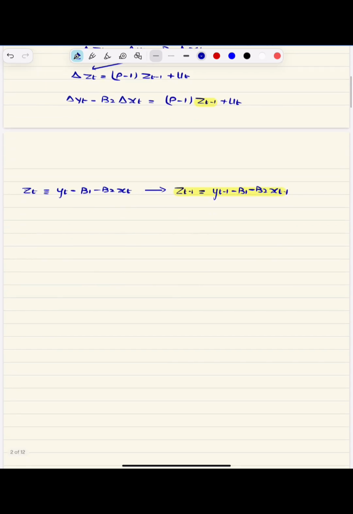So I'll have then change in yt equals beta 2 change in xt plus rho minus 1 into yt minus 1 minus beta 1 minus beta 2 xt minus 1 plus ut.